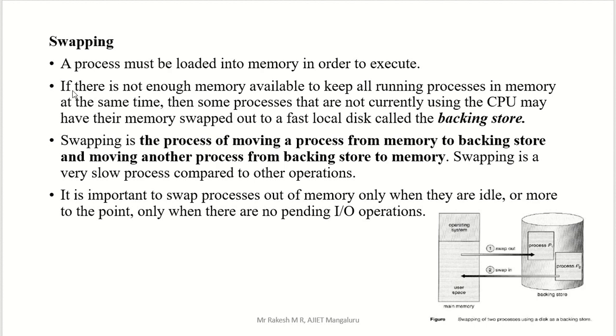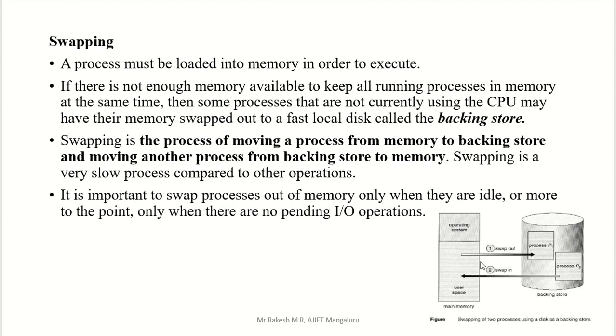Here, the second line: if there is not enough memory available to keep all running processes in memory at a time, then some processes that are not currently using the CPU may have their memory swapped out to a fast local disk called a backing store. Yes, this is called backing store, that is a secondary memory.